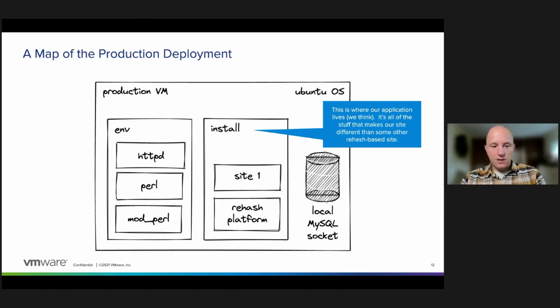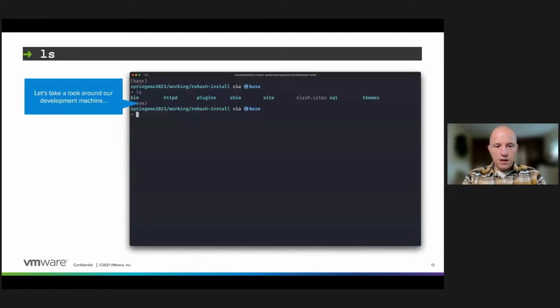And then we have this install section, which provides our news platform, and then our aptx.wtf site-specific configuration and content. So we think that the application that we need to migrate lives over here in the install. That's where we're going to start.